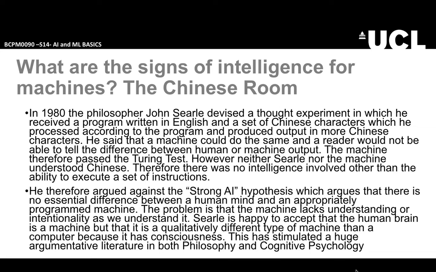So we can accept that the human brain is a machine, but a qualitatively different type of machine, because the human brain has consciousness. All this has stimulated an interesting debate in the literature, in both philosophy and cognitive psychology, about artificial intelligence.